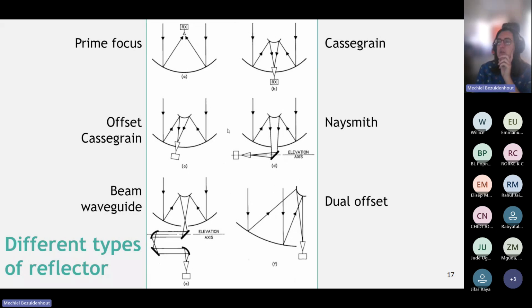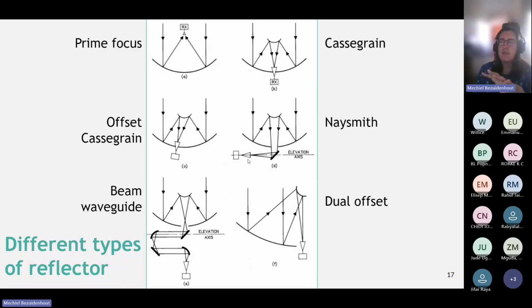You can also have an offset Cassegrain, where the secondary reflector is tilted so that the receiver is offset. It's not quite at the center of the dish. Then there's a Nasmyth type telescope, in which you have basically a hole in the dish, and the signals are reflected through that hole and then further reflected towards the receiver.